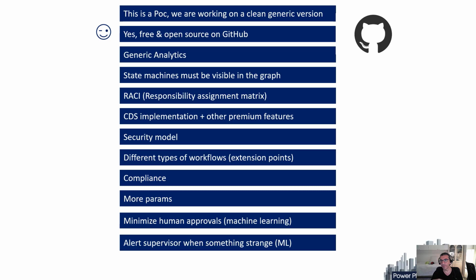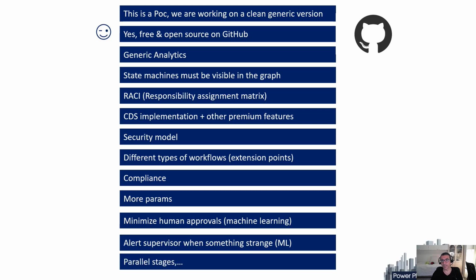Perhaps you should investigate? All the workflows are waiting on this person and there's no delegation in place. So you have to do something, act on this, right? And parallel stages. I want to be able to have some parallel stages and converging points, things like this.